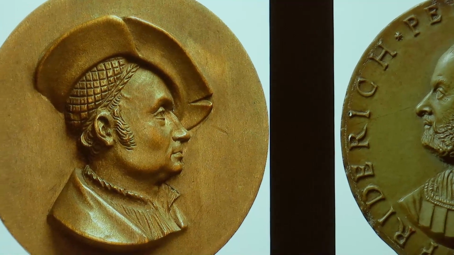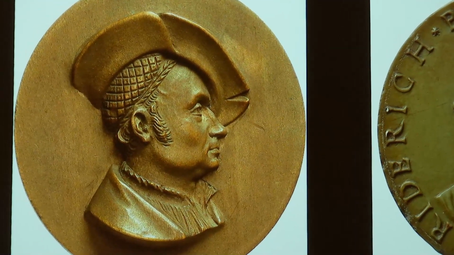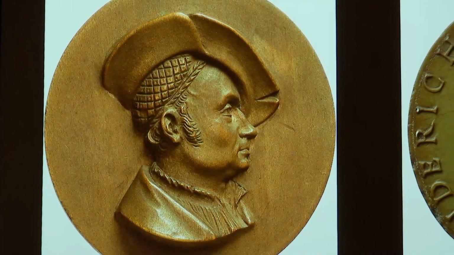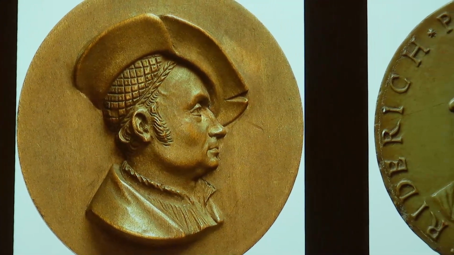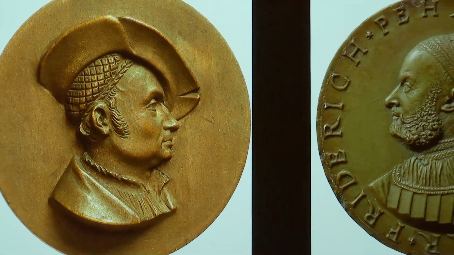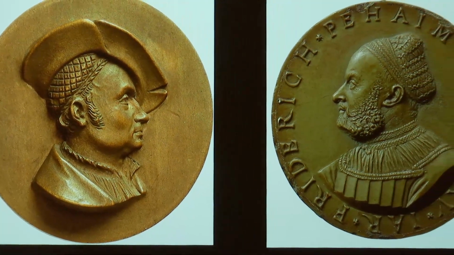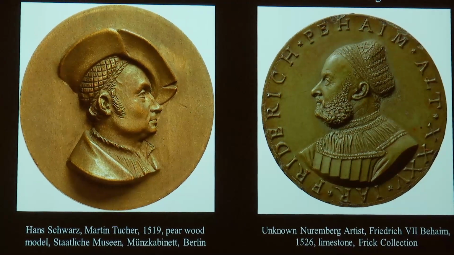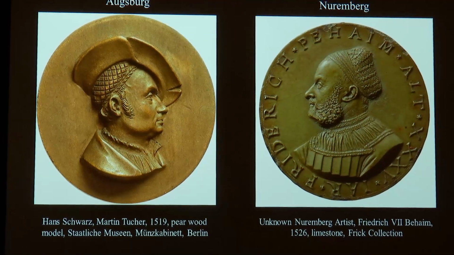Although it's often stated in the literature that Augsburg medal makers favored wood for their models, while Nuremberg makers favored stone, the reason for this difference remains unspecified. Perhaps the devastation of Nuremberg's timber supply forced its medal designers to look to another local resource.